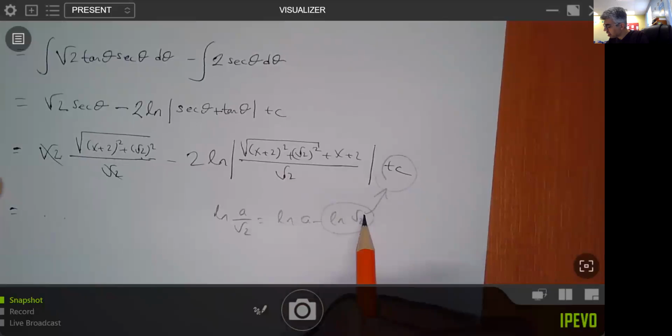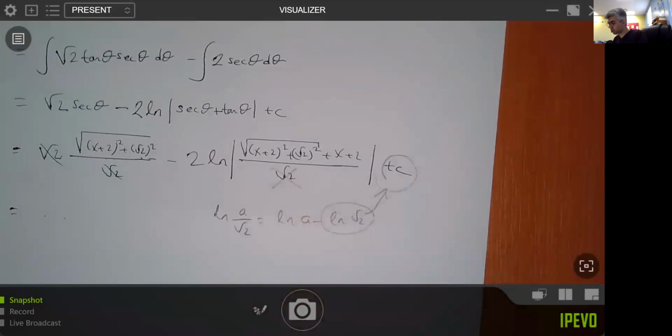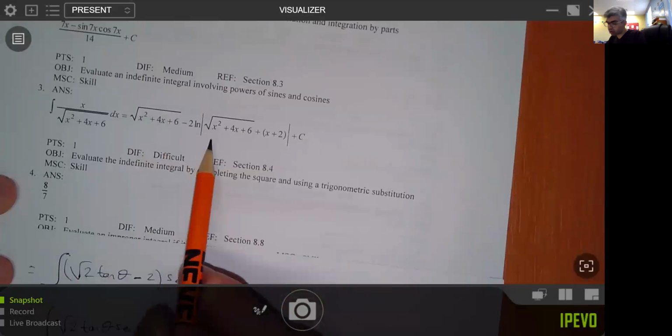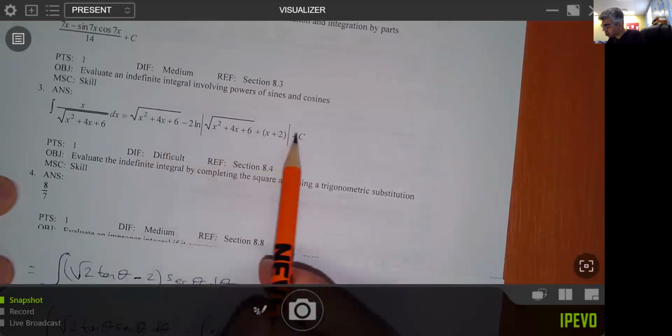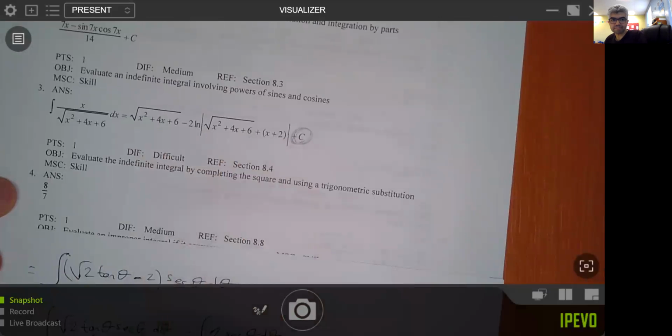So actually, I will not have root 2 in the final answer, okay? Logic is understandable, because of that here, there is no root 2. That root 2 is actually a constant and it's written in C.